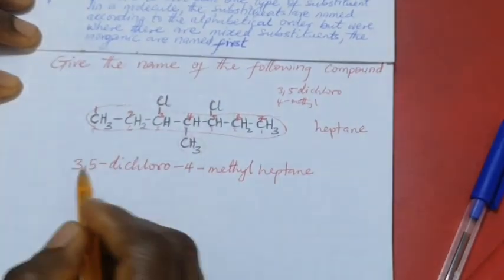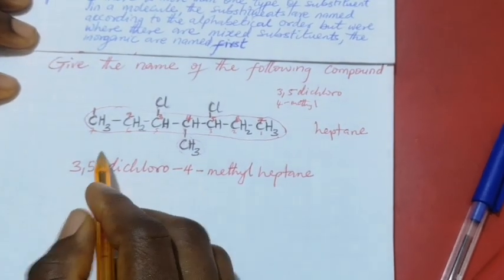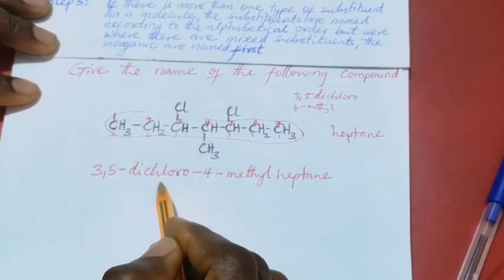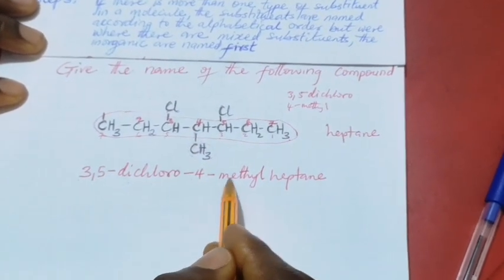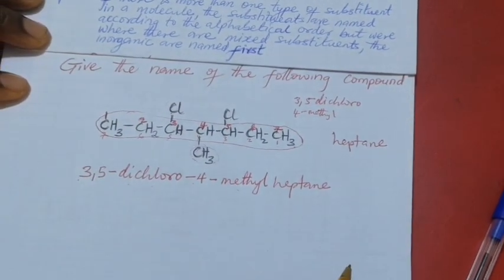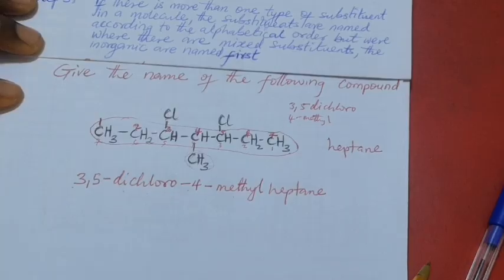Okay, so this is how to name this compound: 3, 5 dichloro 4 methyl heptane. So that is the name of this compound.